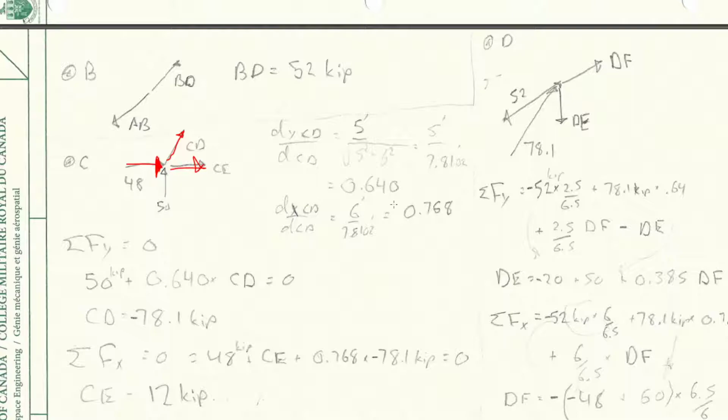So again, for the CD, we just need to figure out the unit vector components for the y and the x-axis. So for the x-axis, again, just the 6 feet from section to section, and then divide it by the distance of that member CD.